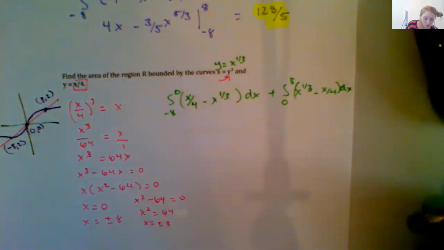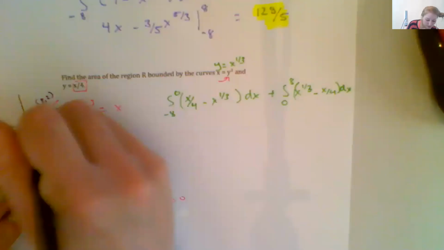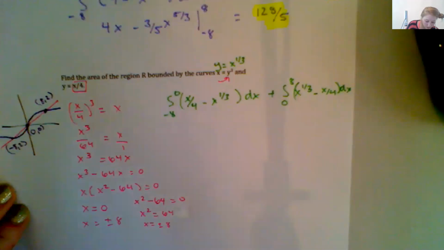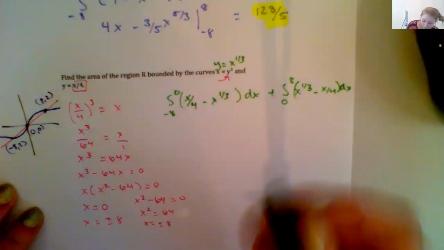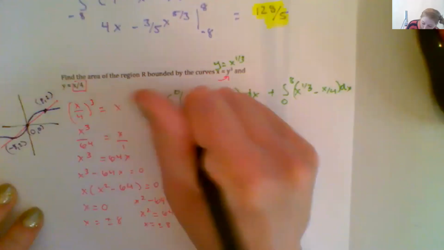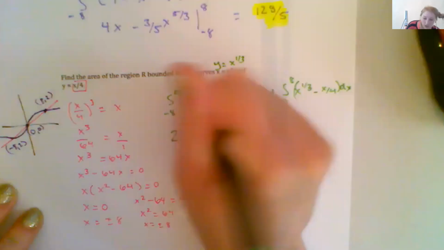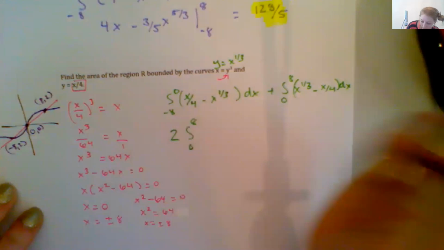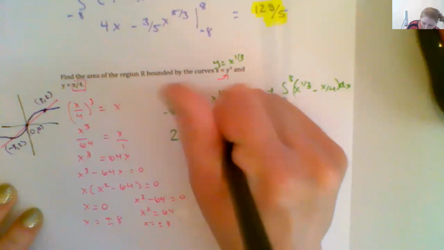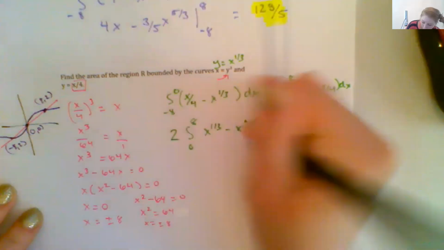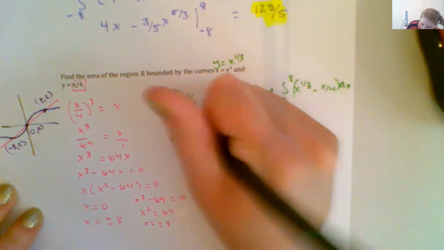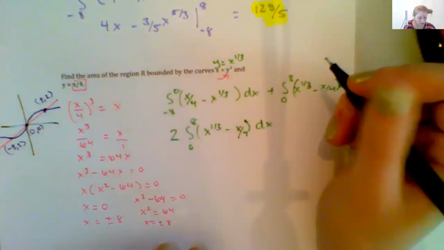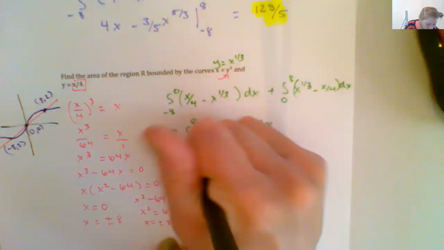Now, we were just talking about how they're pretty much symmetrical, right? So what I could do is I could only evaluate one of them, and I'm going to pick this one, but I could put a 2 in front to take into account that there were two pieces to start with. Okay. It's all about doing less work, right? x to the 1/3 minus x over 4 dx. All right, so then now we can just integrate this.